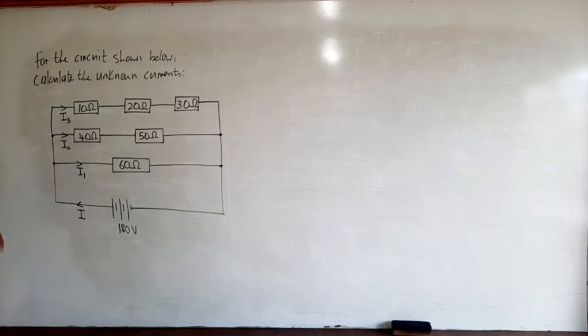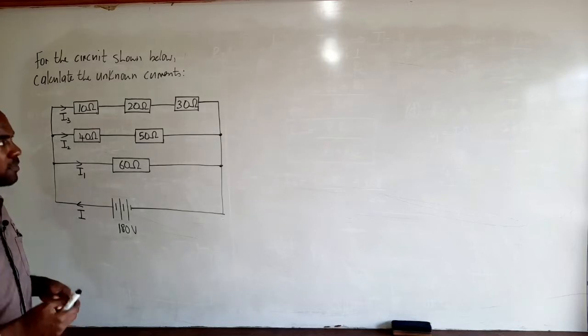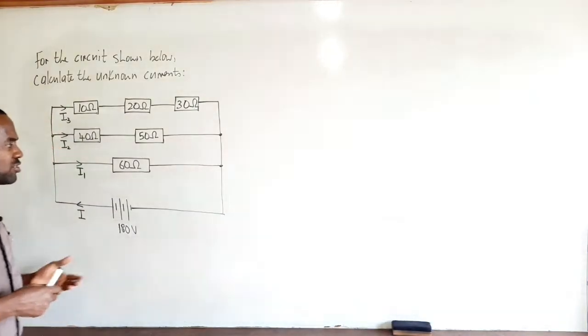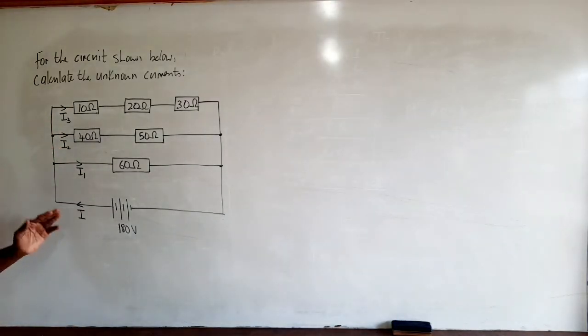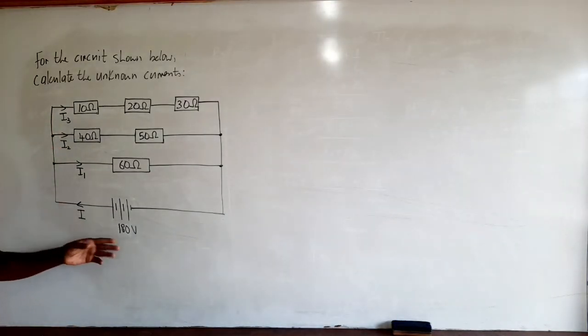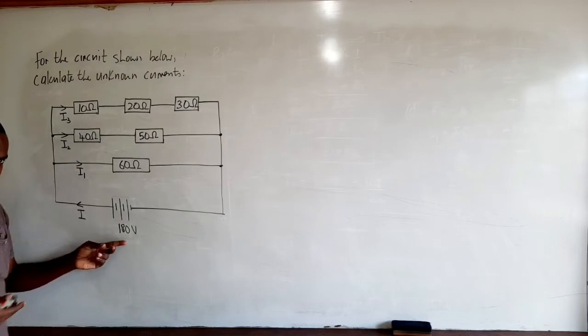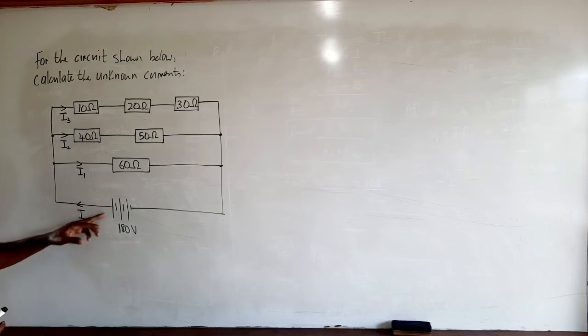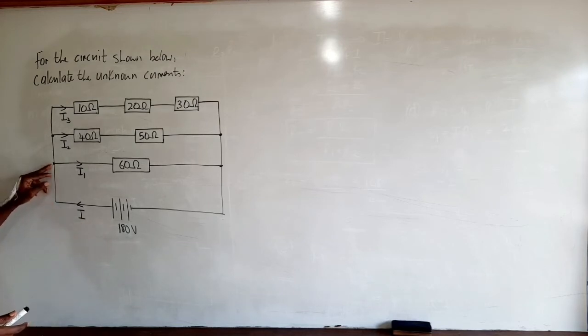So let's look at this question. First of all, let's look at the different branches. So we see that basically we have, let's say this is a 180 volt battery. Seems pretty large, but that's the information we're given in the question, right? So this battery is driving a current I. At this junction, the current splits.